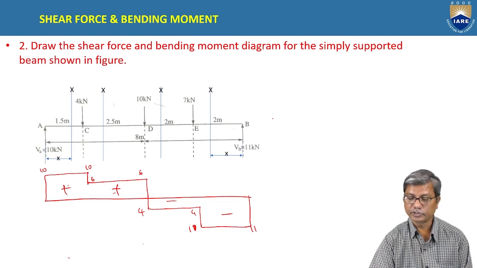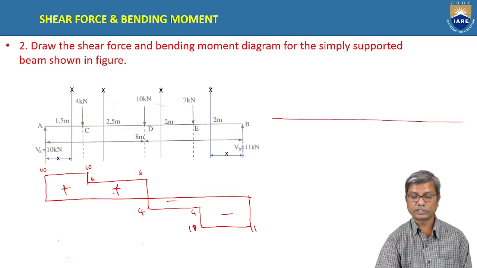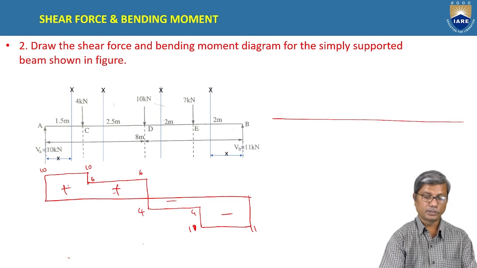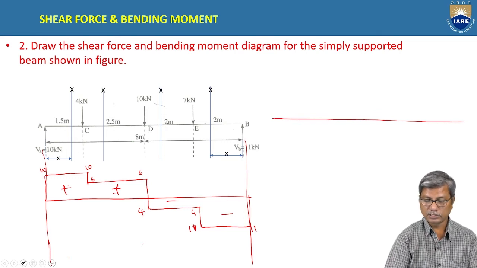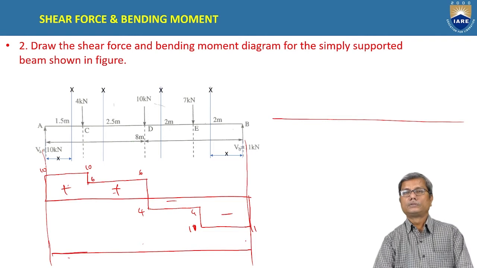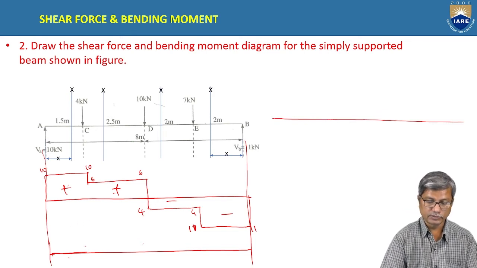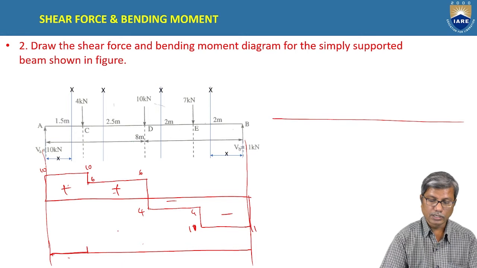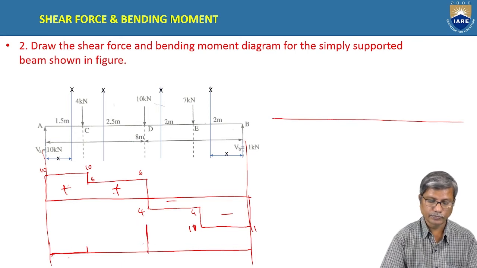Now, coming to the bending moment diagram. We generally draw the bending moment diagram and shear force diagram in line with the loading diagram. That will be clear and easy to understand. So let us draw here. Bending moment at A is 0 and at B it is 0, at C it is 15, at D 30. Yeah, 15 here and 30.